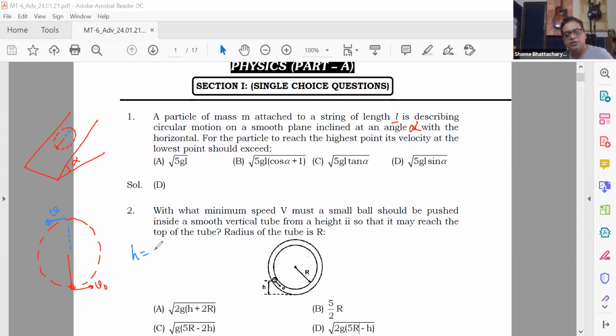The height difference will become 2r sine alpha from the bottommost point to the highest point. You understand? Because this distance will be 2r. So the height difference will be 2r sine alpha.